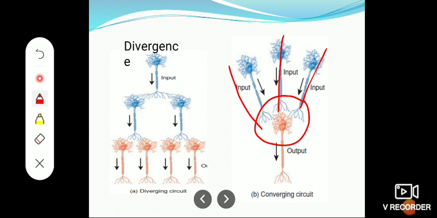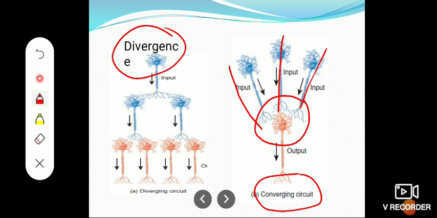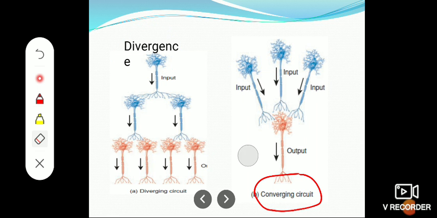So there can be diverging circuits as well as converging circuits. These are again two properties of synapse. If you stimulate one neuron, it will excite multiple neurons, and multiple neurons can lead to excitation of a single neuron also. So these are the two properties, convergence and divergence.